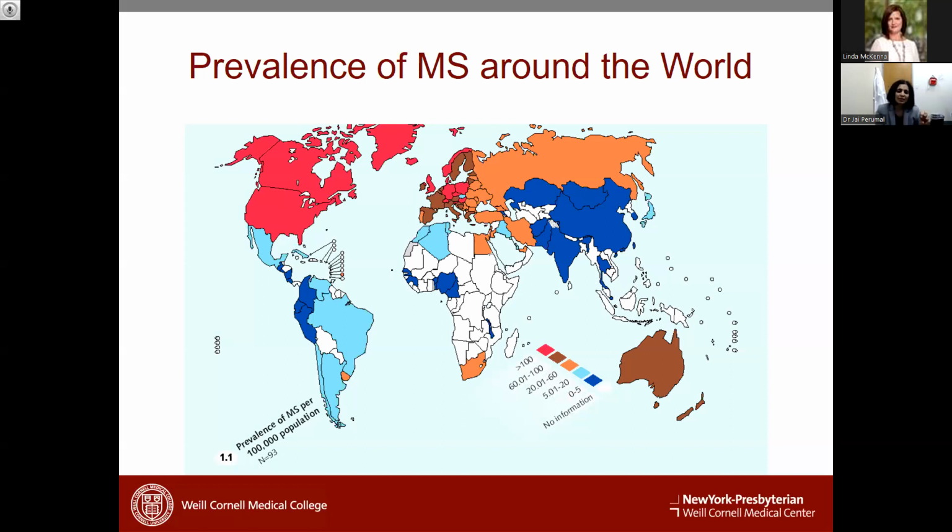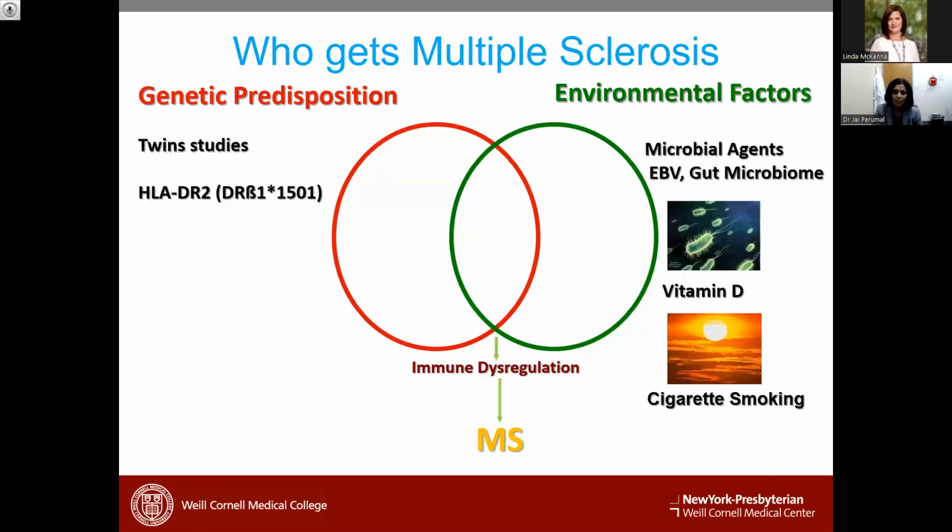They still carry their low risk of MS with them because they grew up in a low incidence area the first 14 years of their life. On the other hand, if you have somebody from the US going to Asia or Africa, they do carry that high risk with them if they migrated after 14 years. So along with genetics, it's the early environmental factors that seem to play a role in someone developing MS.